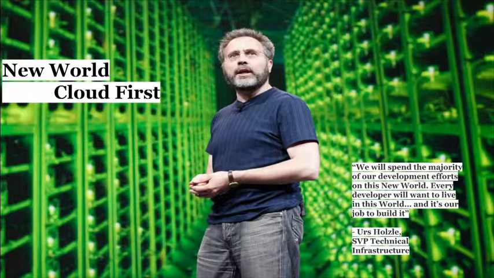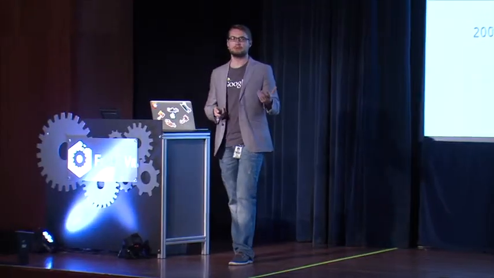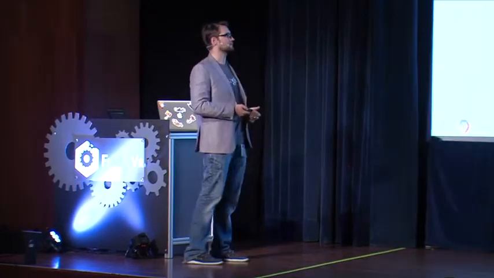Essentially, Gmail, Search, YouTube, they're all going to be cloud customers. So with that, all of these tools that Google is building for big data and analytics are going to become available to you folks in the near future. And two, everything that Google is building going forward is going to be available to you folks immediately. So you don't have to wait 1, 2, 5, 10 years to get all this cool stuff.